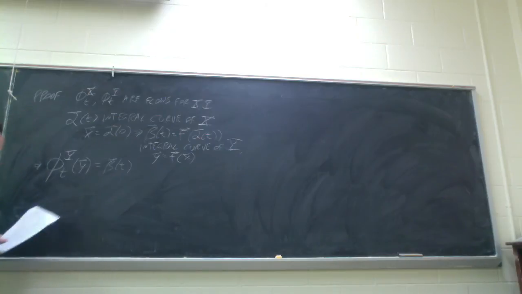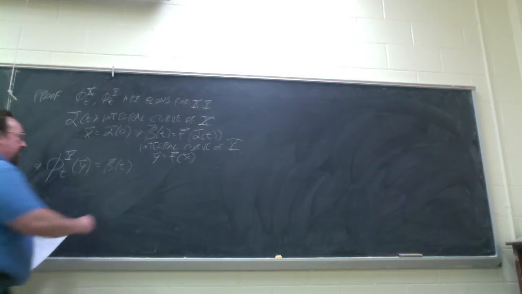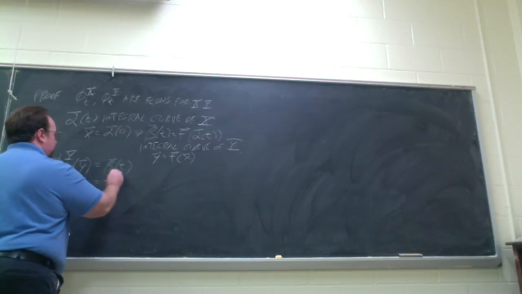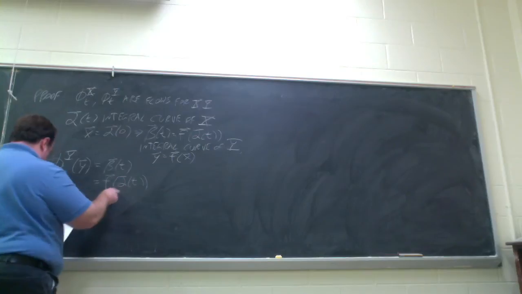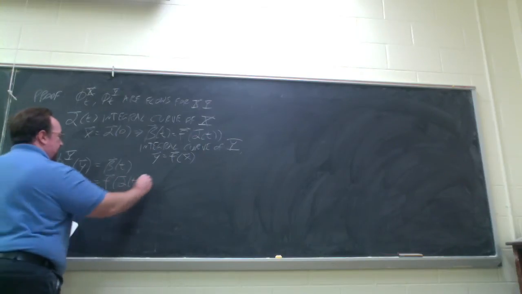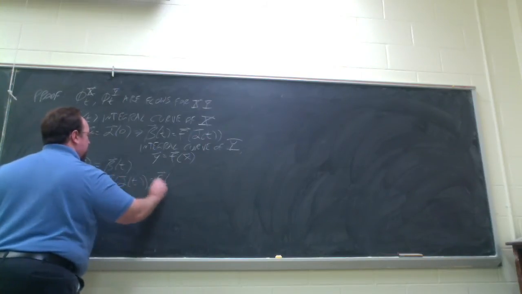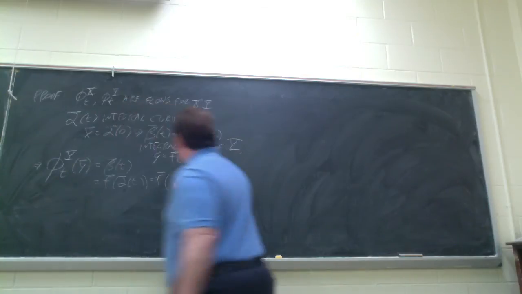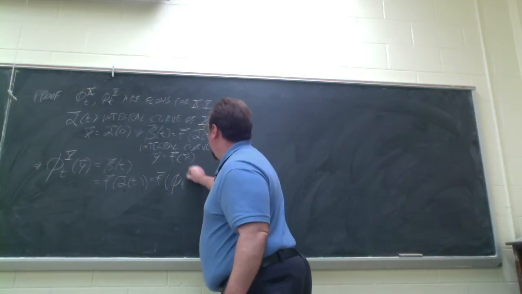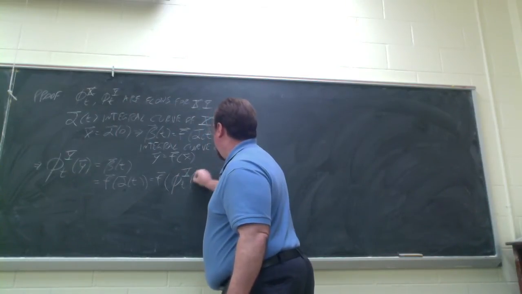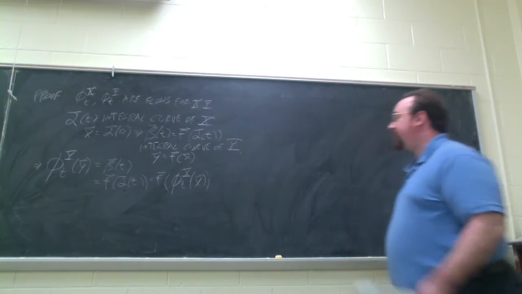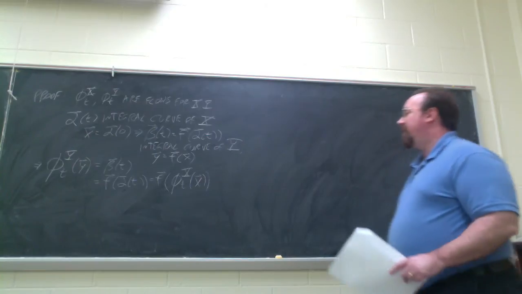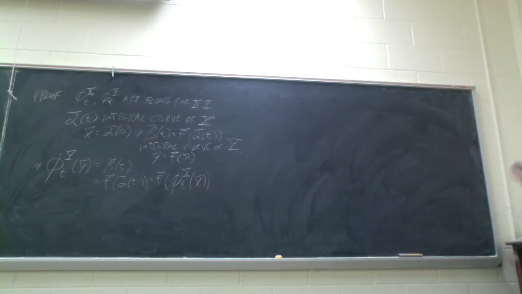But what is beta of t? Beta is f of alpha of t. So right away, I can relate this to a flow of x, because alpha of t is the flow of x with little x as initial data. With me so far?